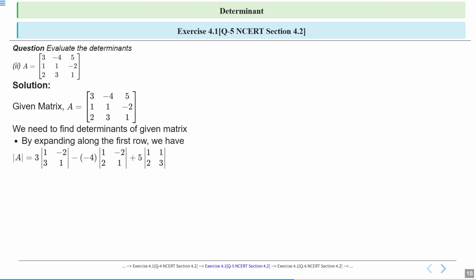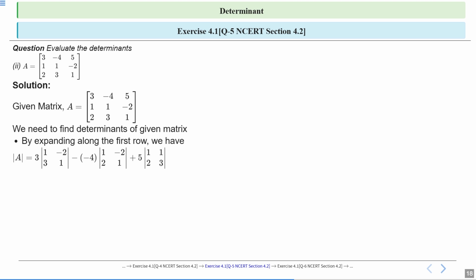Then minus, why minus? Because the indices of minus 4 are 1, 2 and 1 plus 2 is 3, that is odd. So minus 1 to the power odd is minus, so we get minus here. So minus into minus 4 into, just cancel the second column and first row, we get the matrix 1, 2, 1, minus 2, 2, 1.